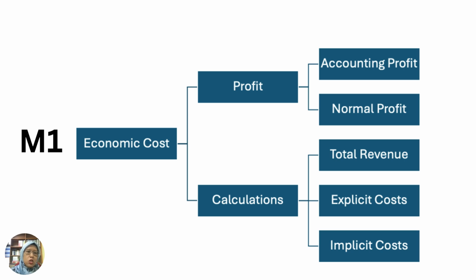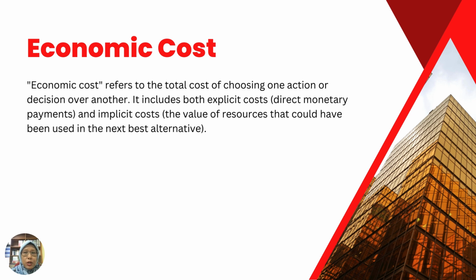So under economic cost, you are going to see there are types of profits. In fact, there are three types of profits: accounting profit, normal profit, and economic profit. And then for the second one, you need to know by the end of this module how to calculate total revenue, the explicit cost, implicit cost, average cost, and also the marginal cost. So let's begin with economic cost.